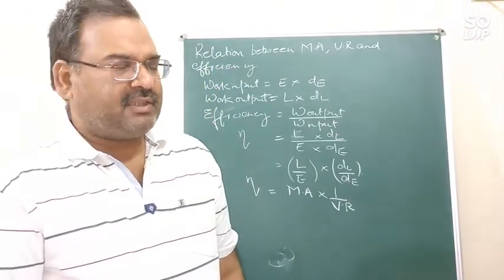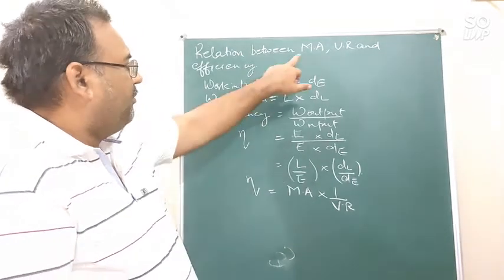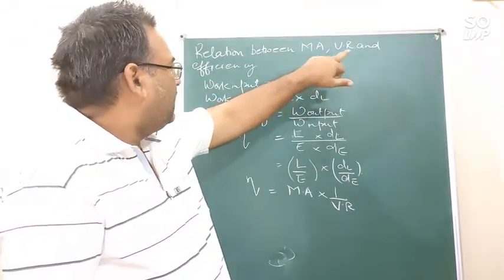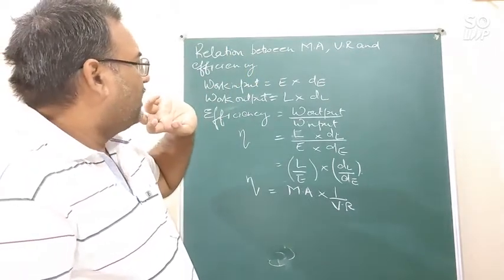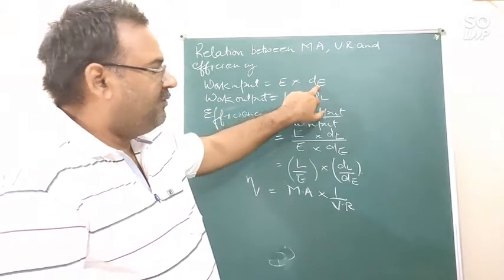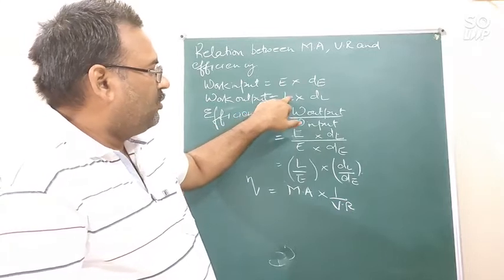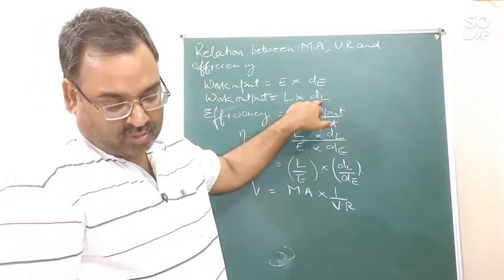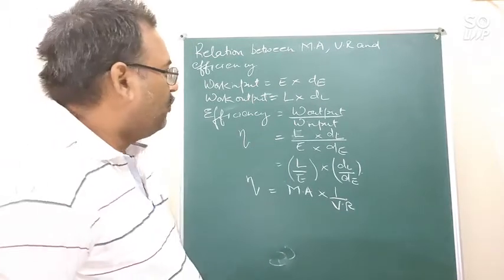Next, we have a relationship between mechanical advantage, velocity ratio and efficiency of a given machine. We know that work input is effort into displacement of effort point. Work output is load into displacement of load point. Efficiency is equal to work output over work input.